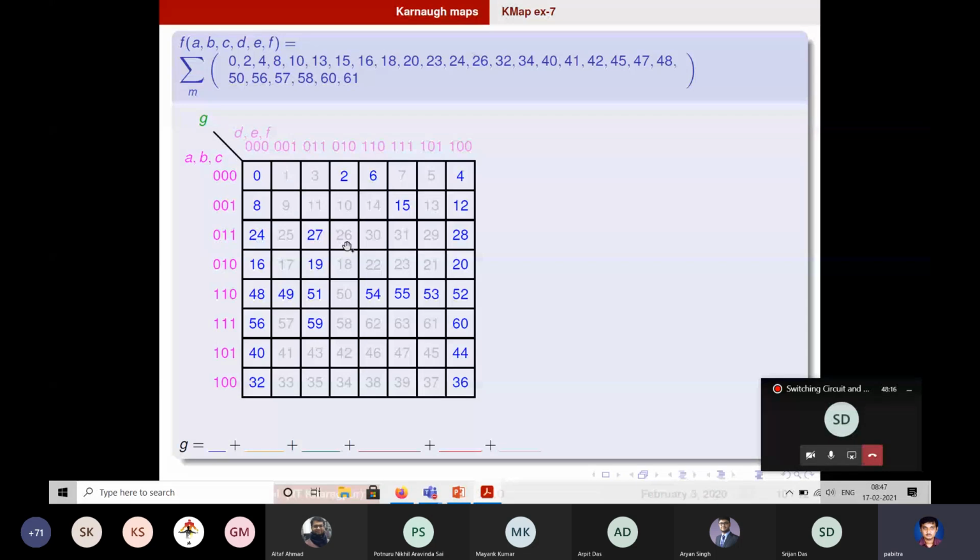And because of the wraparound, the corners can also be considered adjacent. Now what is the largest cube that I can form here? Tell me which columns will give me that. The cube of 16 elements containing the first and the last column. Very good, very good. So that's the 16 element cube.